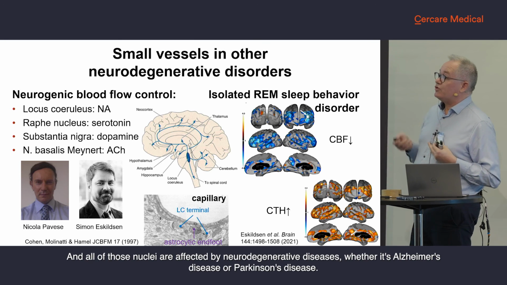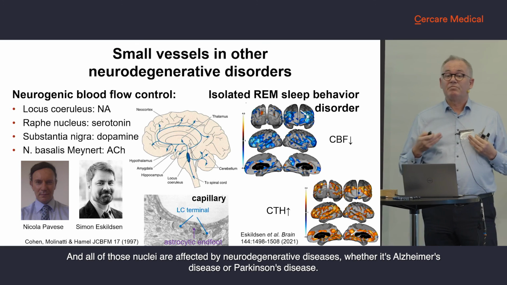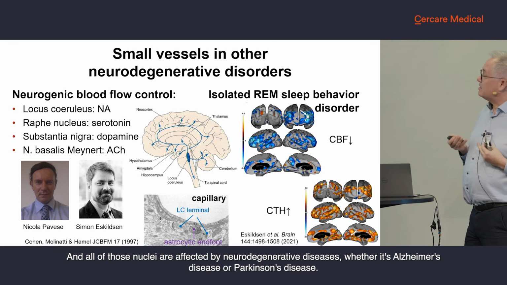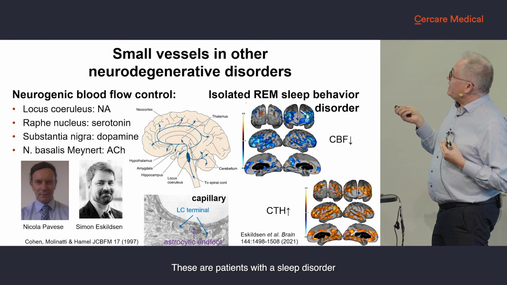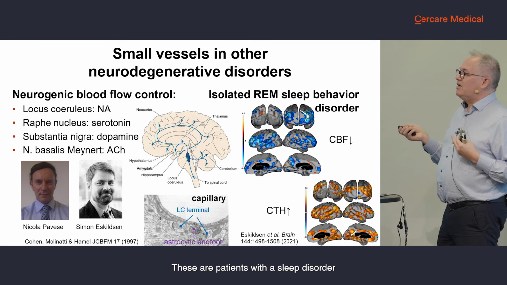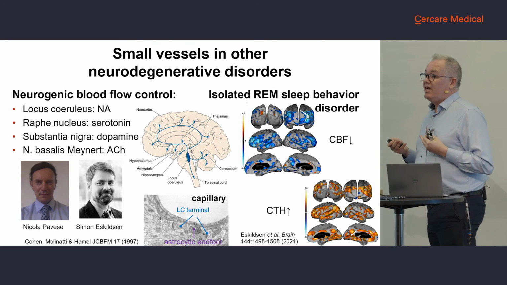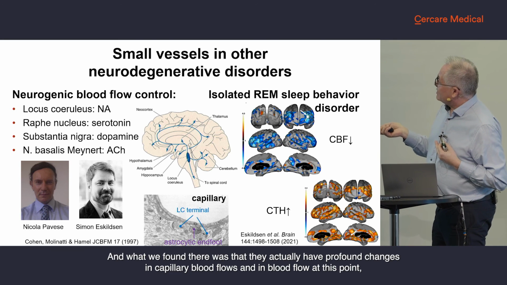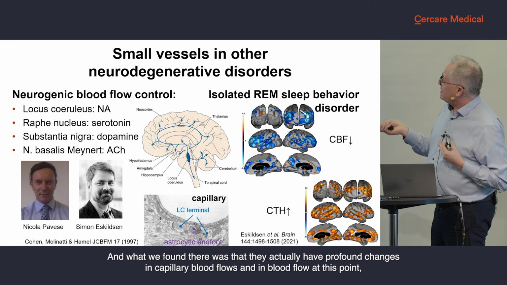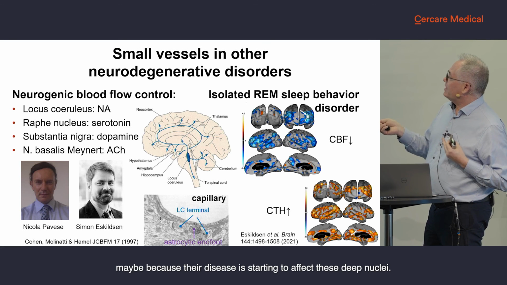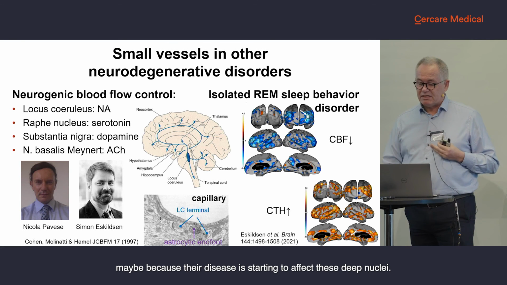And all of those nuclei are affected by neurodegenerative diseases, whether it's Alzheimer's disease or Parkinson's disease. These are patients with a sleep disorder that usually leads to Parkinson's disease many years later. And what we found there was that they actually have profound changes in capillary blood flow at this point, maybe because their disease is starting to affect these deep nuclei.